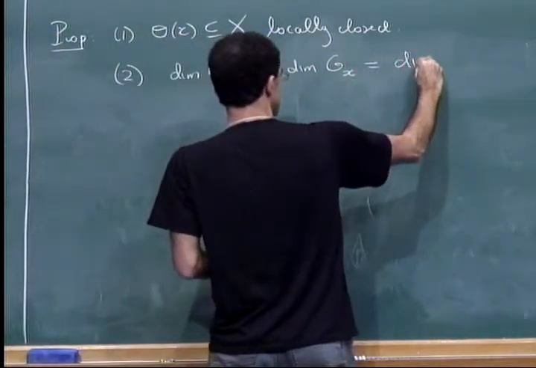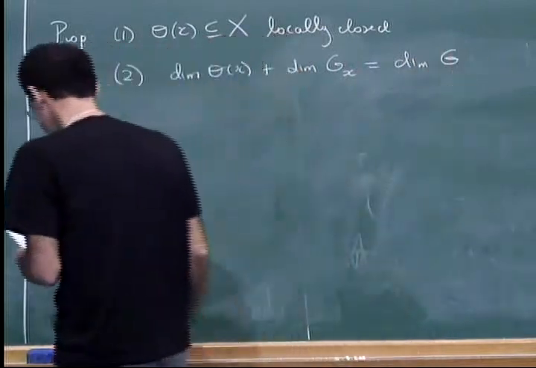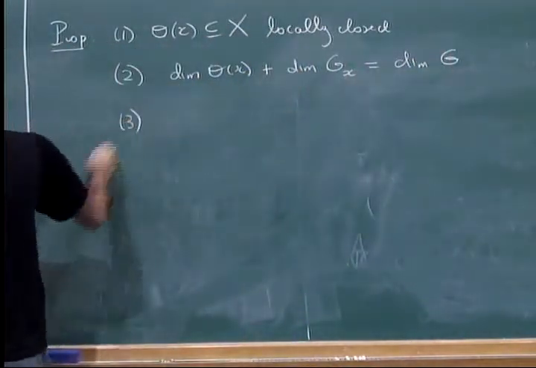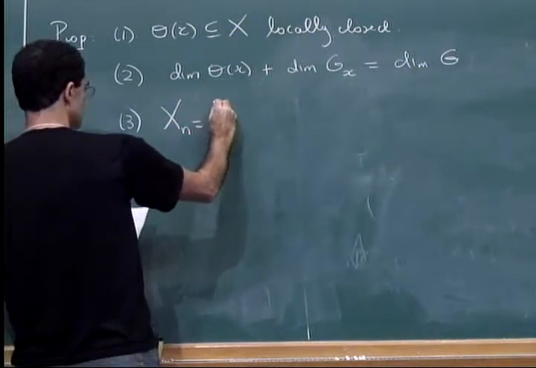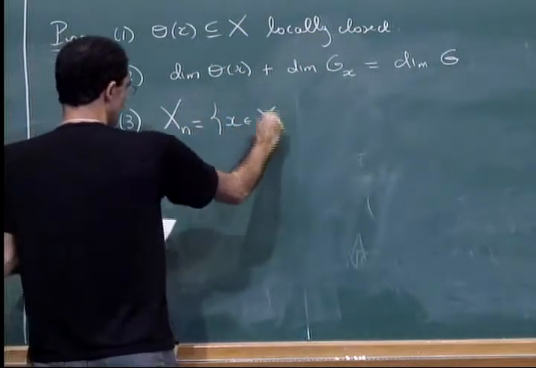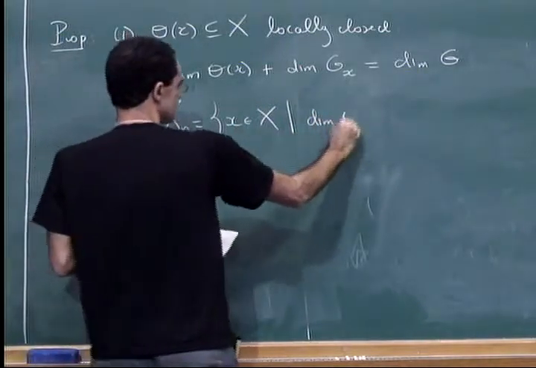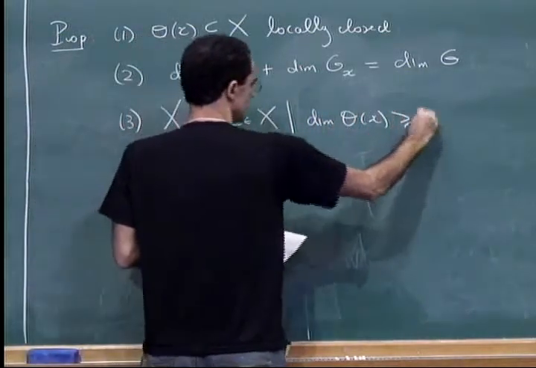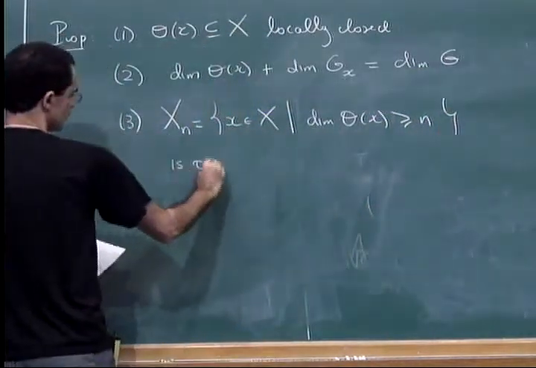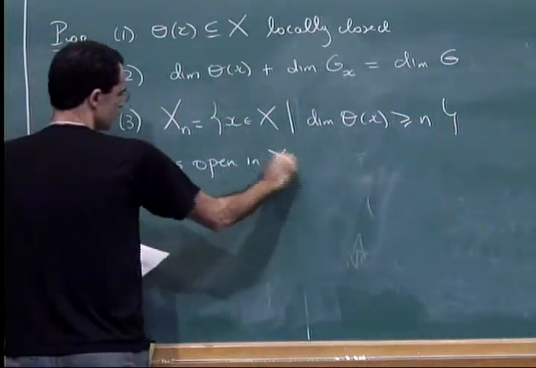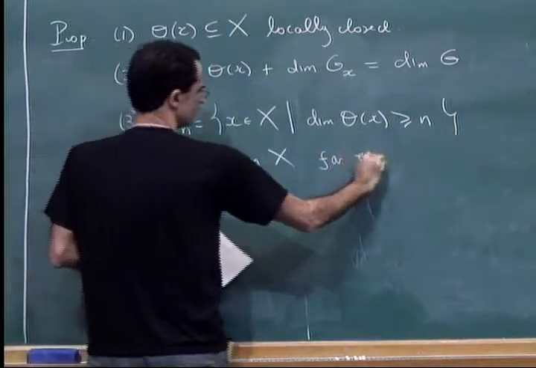That is, the sum is the dimension of the group. And three, that will be important, if we choose the set of points such that the dimension of the orbit is at least n, then this is open in X for every n.